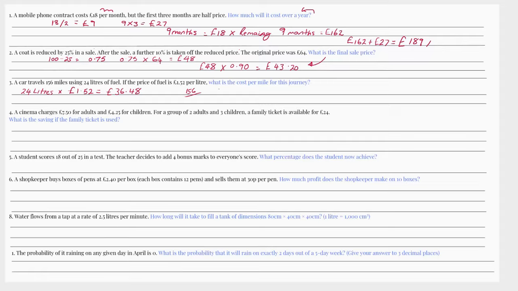Wrong way round, that should be 36.48, the cost at top, divided by 156, equals 0.234, and that's to 3 decimal places. Otherwise it could get a bit messy with the decimals. So that's how much it costs per mile for the journey.